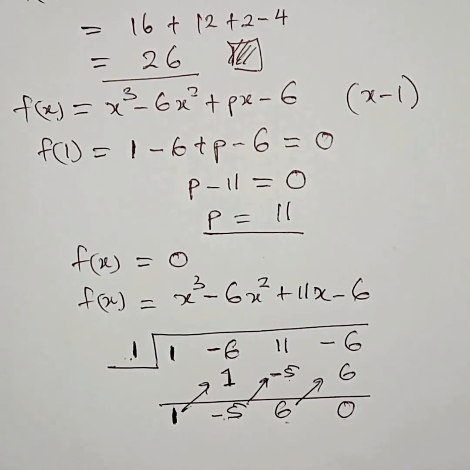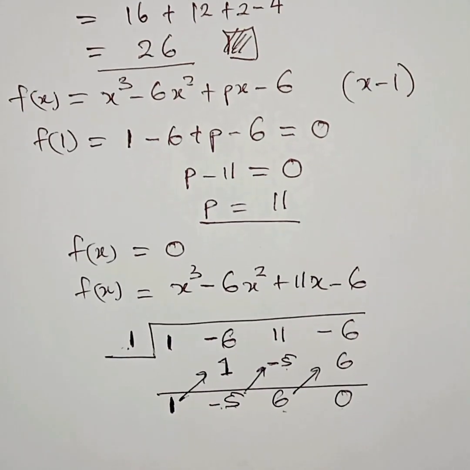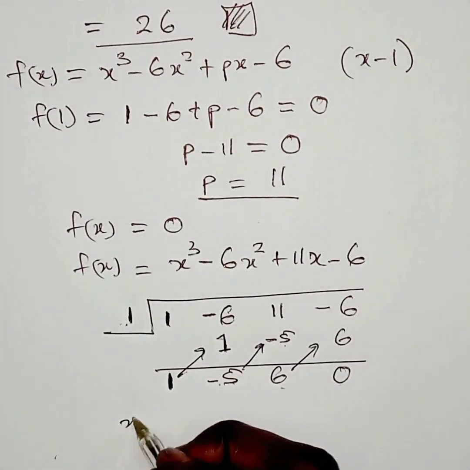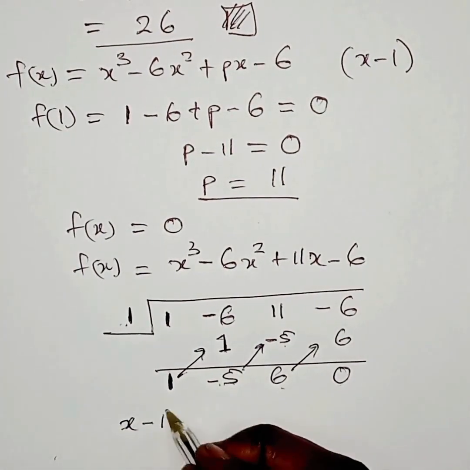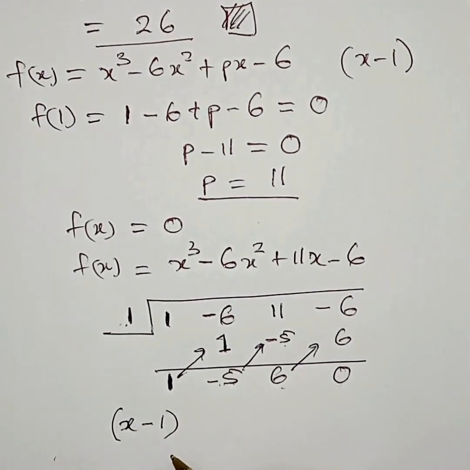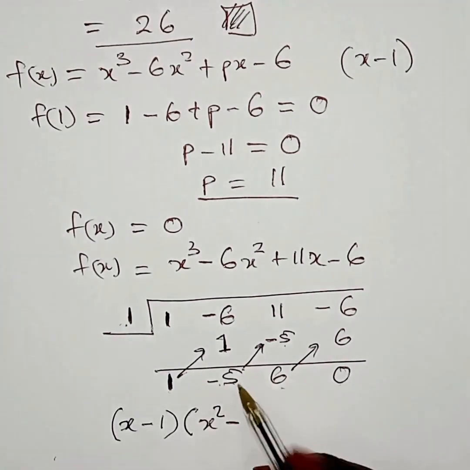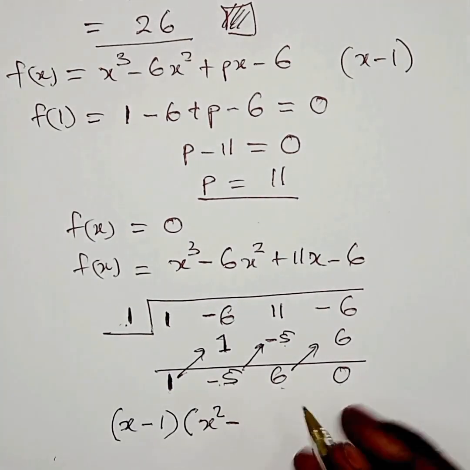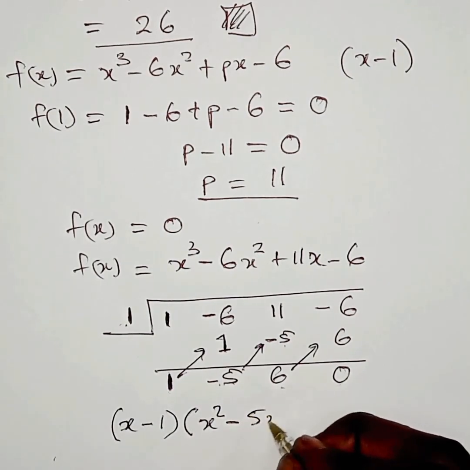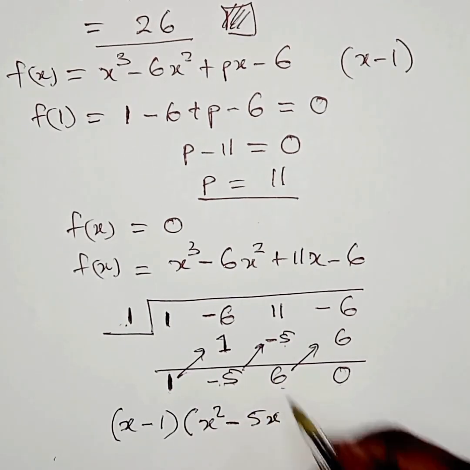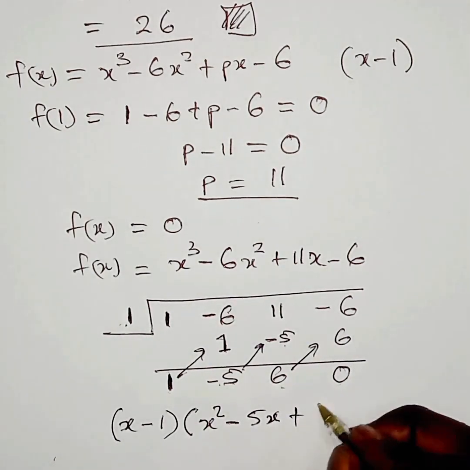So now, to rewrite this polynomial, you are going to say x minus 1. You remember we were dividing by x minus 1, this is where you are going to get the other factor. Then this is the coefficient of x squared. So you are going to say x squared minus, this is the coefficient of x, 5x, and this is just a constant, plus 6.